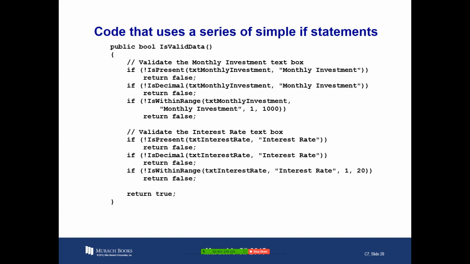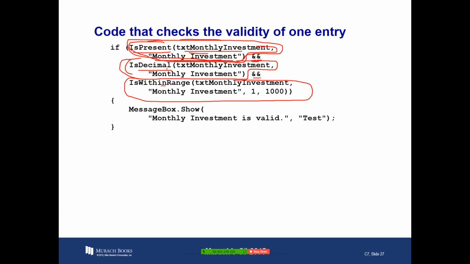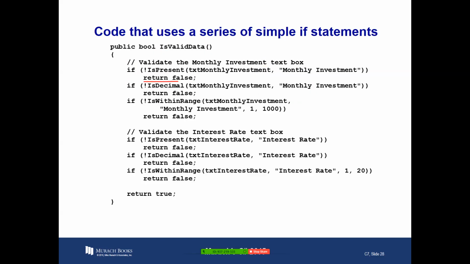Another way to do it: you remember I said that once it encounters a return statement, it quits. So another way is not to and all these things together. Just first check to see if it's present.